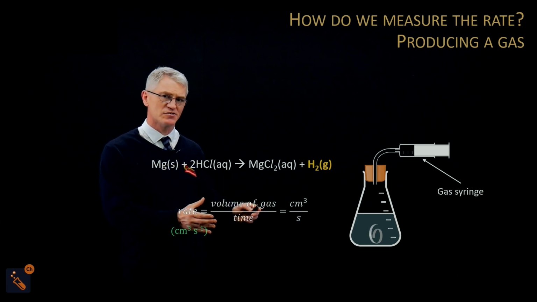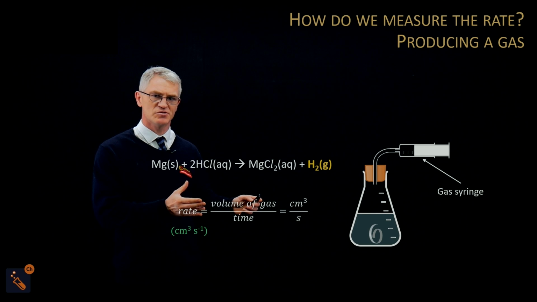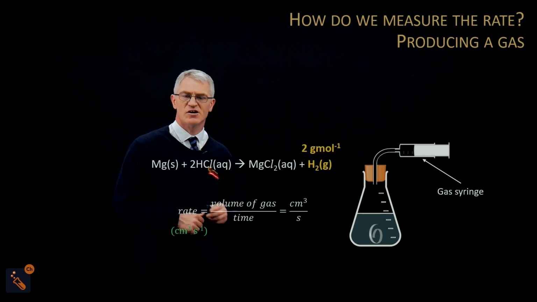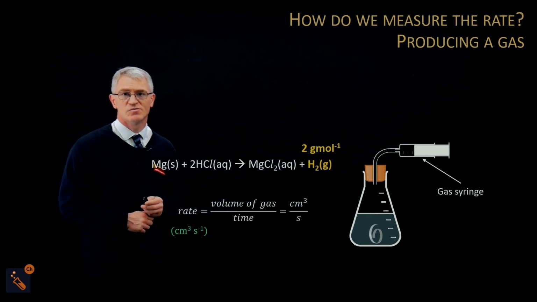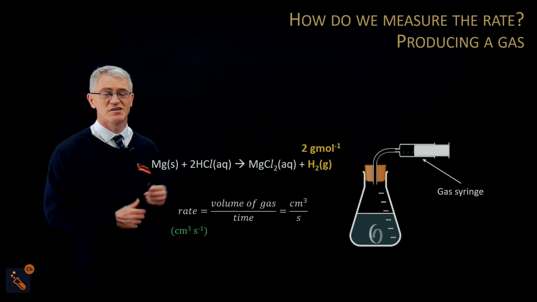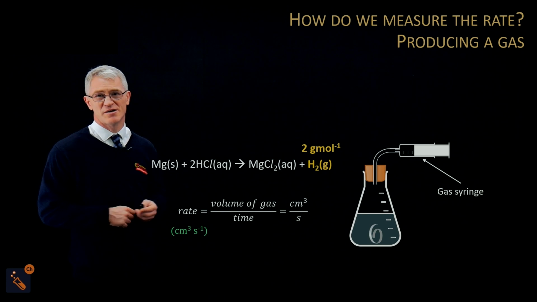We could do it through mass lost, but there's a reason why we don't. The molar mass of hydrogen is 2, which means you're going to have to lose a lot of moles to actually lose a lot of mass, because 1 mole is only 2 grams.